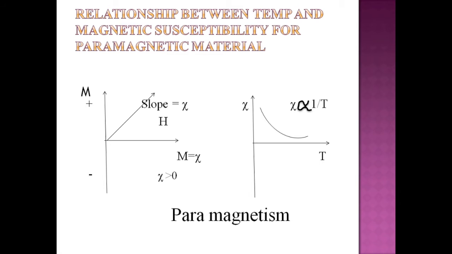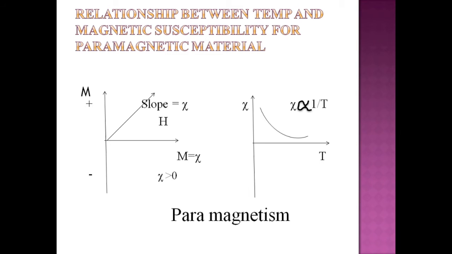Again I repeat, Curie's law: the magnetization in the paramagnetic material is inversely proportional to the temperature, which means as the temperature of the paramagnetic material increases, its magnetization decreases.